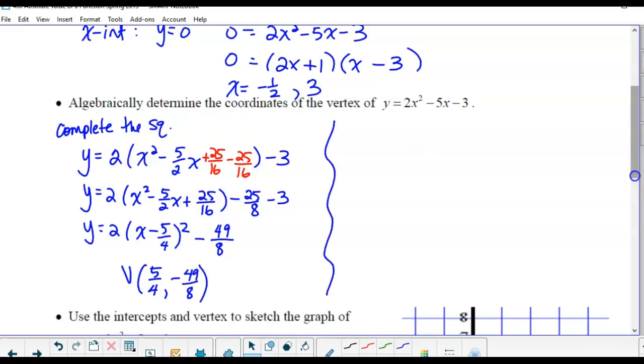If you wanted to find the axis of symmetry, that method, so multiply by 2, so negative 1 plus 6, 5/4. And then you want to find y when x is 5/4.